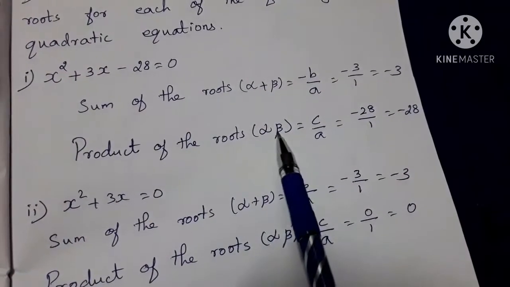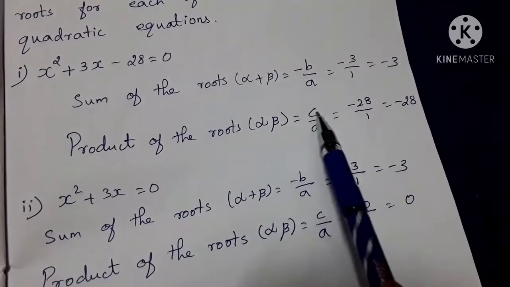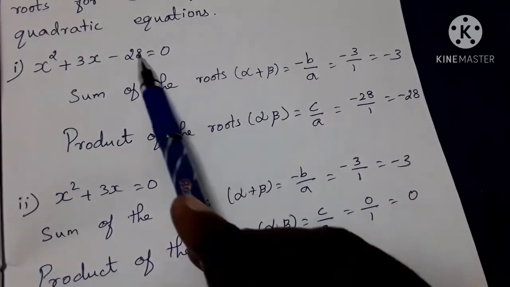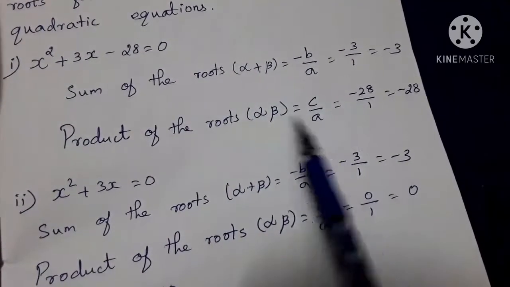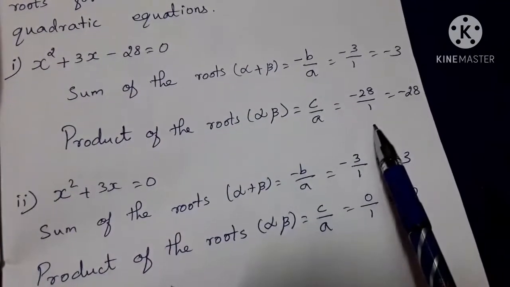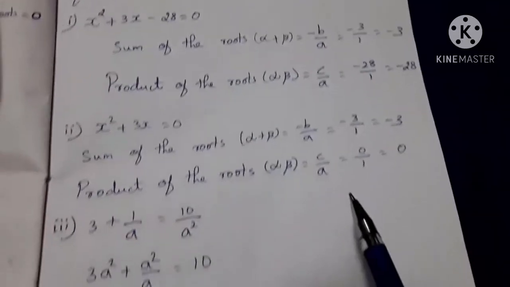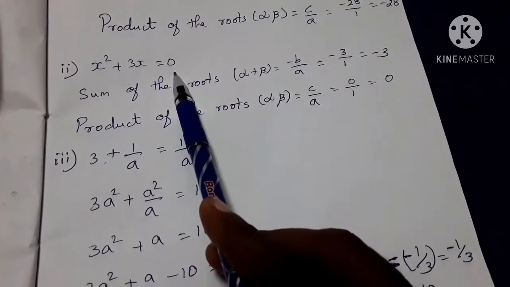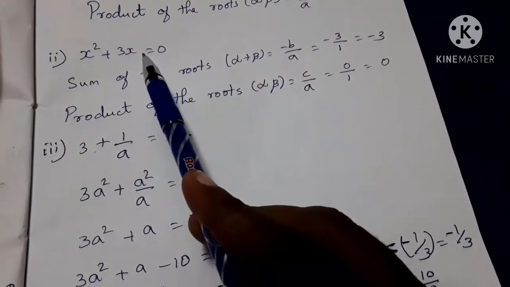Product of the roots, alpha beta, is equal to c by a. C means the constant term divided by the coefficient of x squared. The constant term is minus 28, divided by the coefficient of x squared, 1. So minus 28 by 1 is minus 28. Next, the second question, x squared plus 3x equal to 0. Here we don't have a constant term, so it becomes 0.